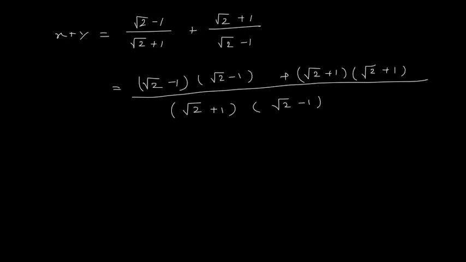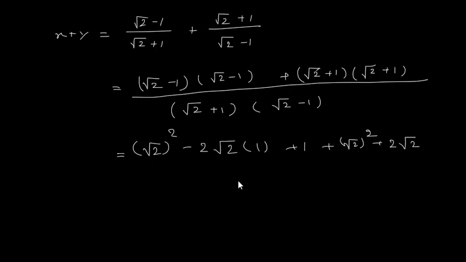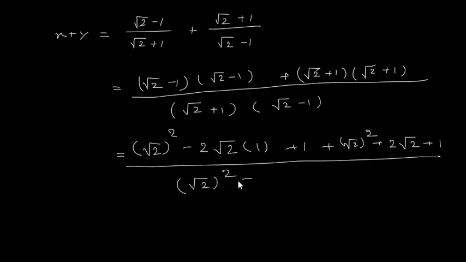Now I think you can understand what I am doing. This is a minus b the whole square, which is a square minus 2ab plus b square, plus a plus b the whole square, which is a square plus 2ab plus b square, and the whole divided by a plus b into a minus b, which is a square minus b square. Now I simplify this.